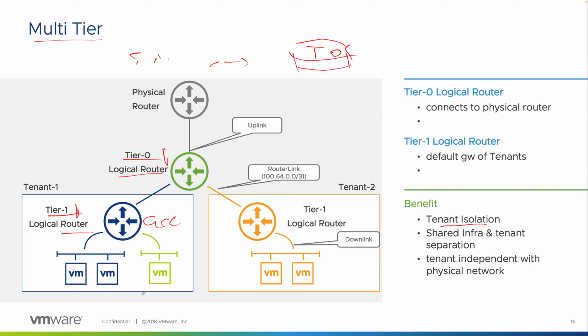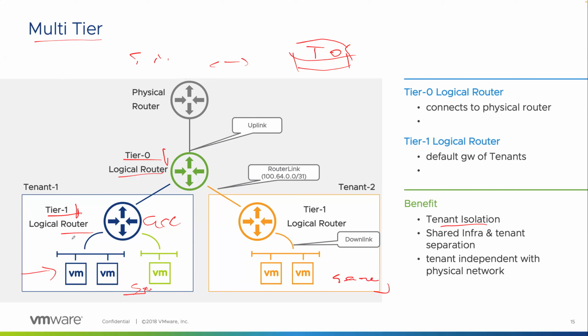How do we understand that? For example, there are two tenants, a green one and a yellow one, and in this topology you can have the same subnets as the yellow one.